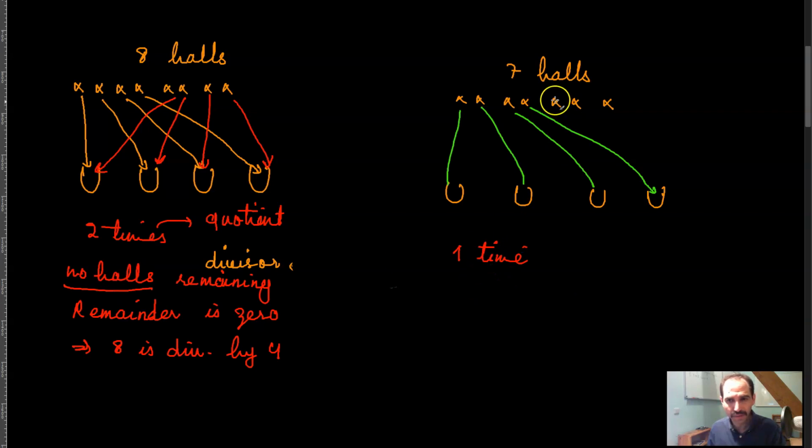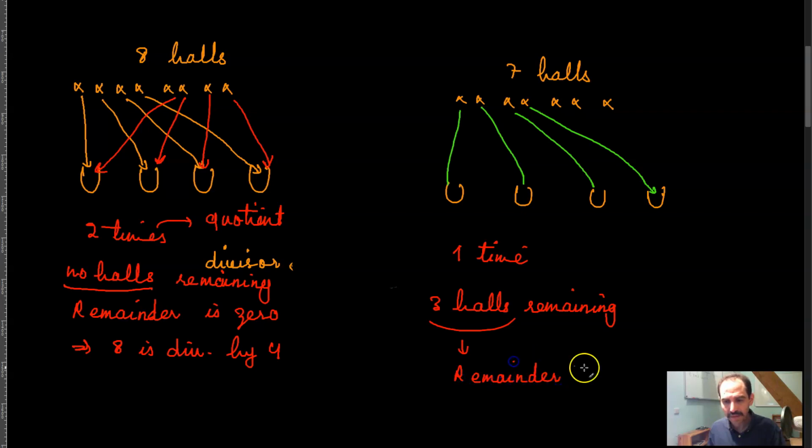And 3 balls are remaining. Which means that your remainder is 3. Remainder is equal to 3. Since I could do the process one time, your quotient is equal to 1.